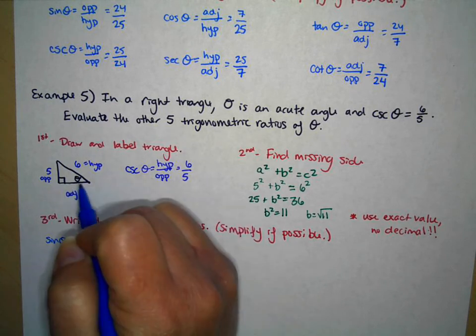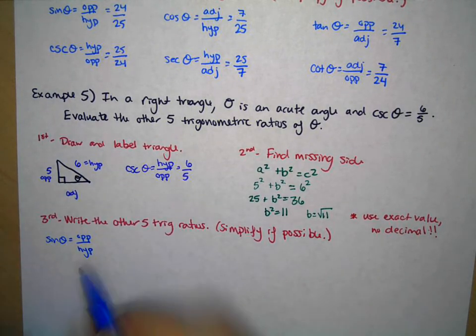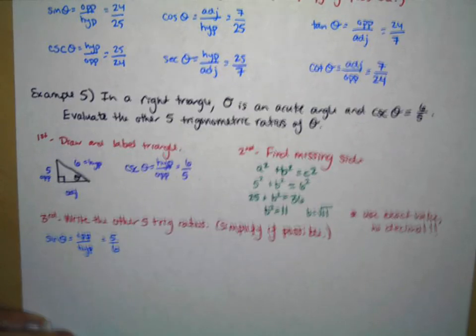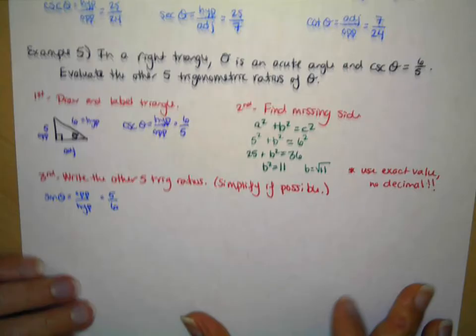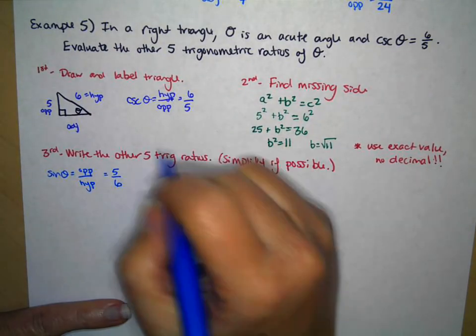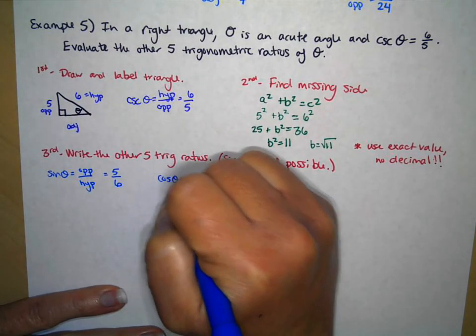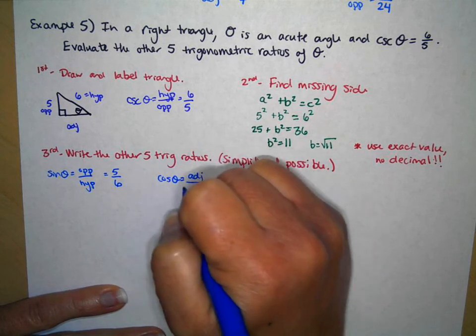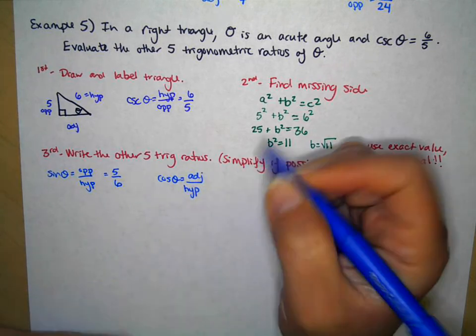So from our angle, our opposite side is 5 over our hypotenuse is 6. Cosine of an angle is equal to the adjacent side over the hypotenuse.